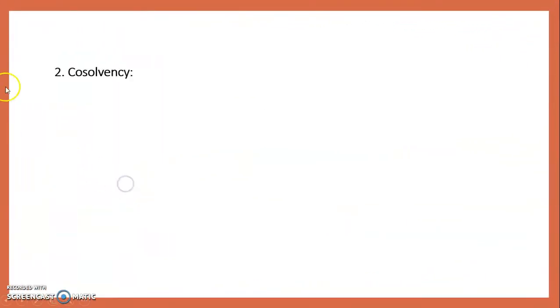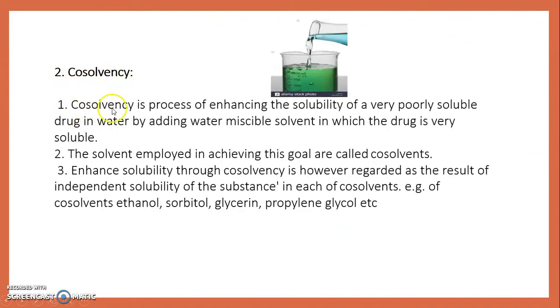Then the next method is cosolvency. Cosolvency is the process of enhancing the solubility of a very poorly soluble drug in water by adding a water miscible solvent in which the drug is very soluble. The solvents employed in achieving this goal are called co-solvents.